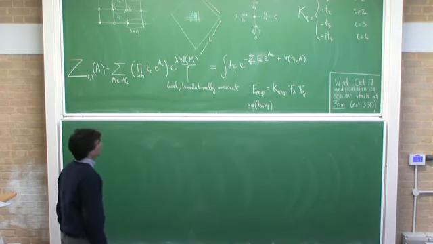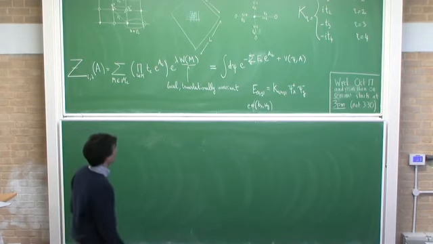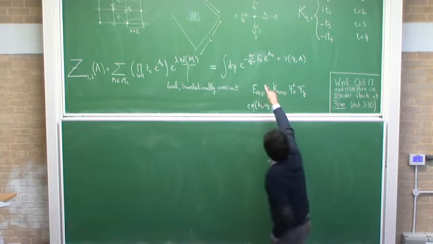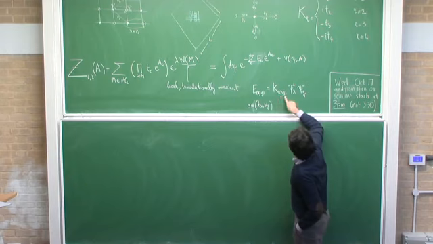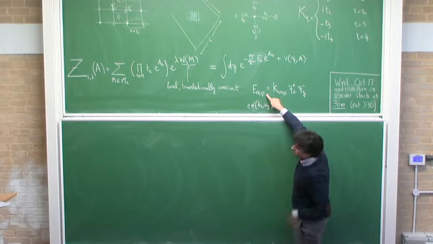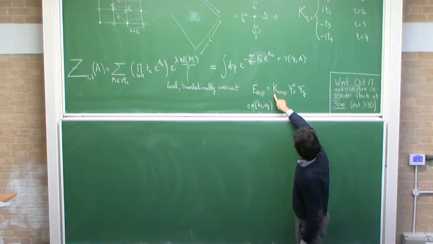Last week it was discussed explicitly only in a special case that I will now recall. Here, let me stress that this E of the edge is the Grassmann counterpart of the dimer characteristic function. It is defined like this.